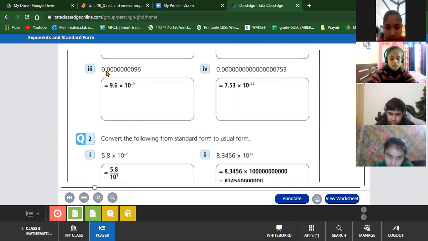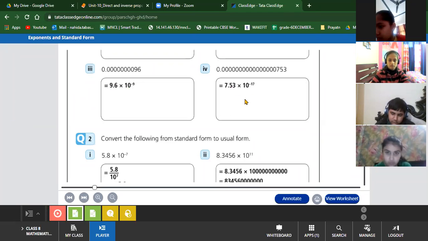Then, because in the original number it was a decimal number, in the standard form the power should be negative. 9.6 multiplied by 10 raised to the power minus 9. And the fourth one, 7.53 multiplied by 10 raised to the power minus 17.